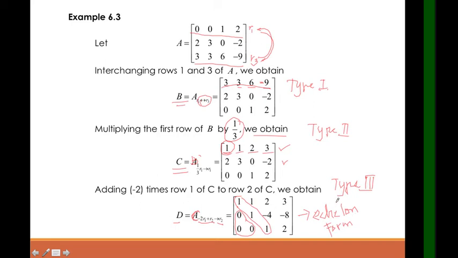Okay? So, that's how we do type 1, 2, and 3. But you can master this when you solve different examples. Kasi you cannot master solving echelon form in just a click. So, you need to practice.